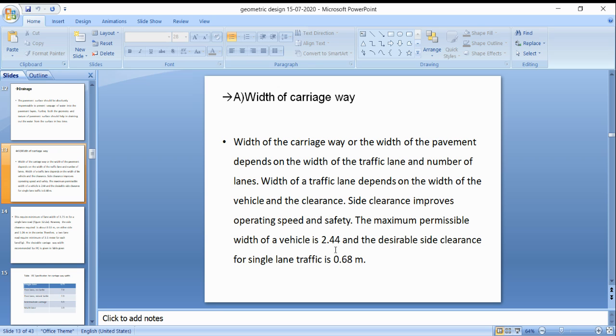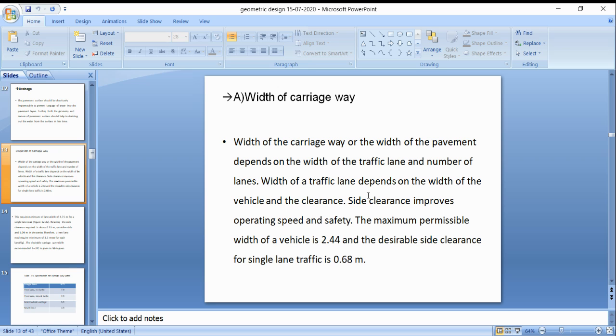For highways it will be different, and for village roads it will be different. So carriageway width will be different for village roads and highway roads. The width of a traffic lane depends upon the clearance, and for highways the heavy vehicles will be coming.